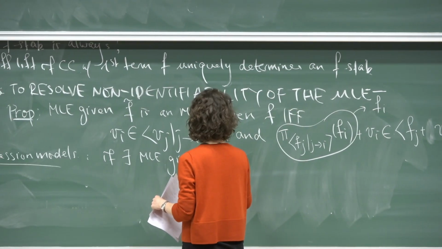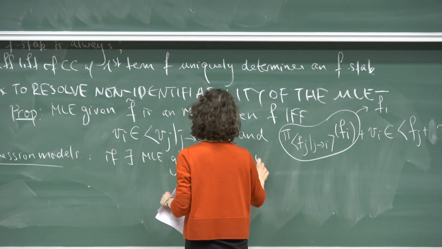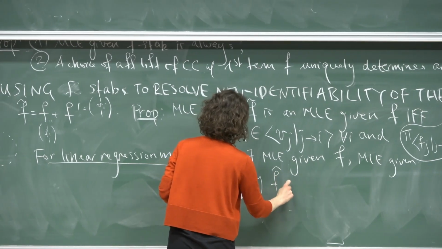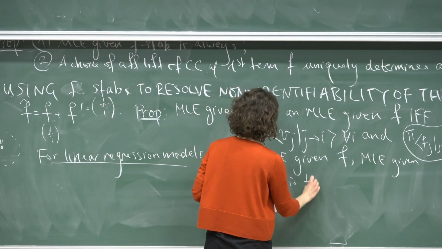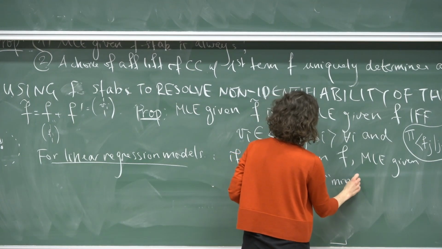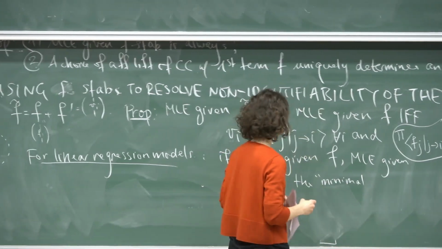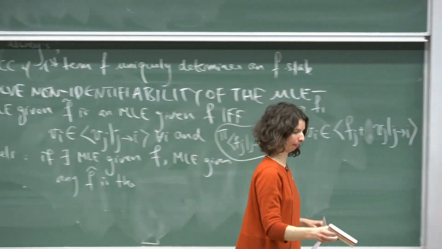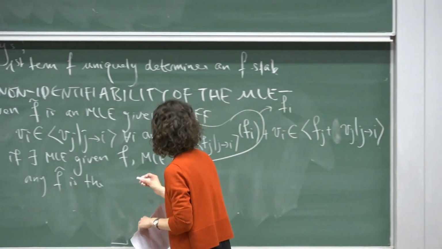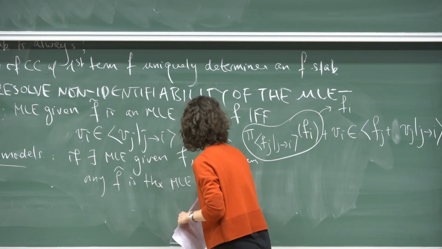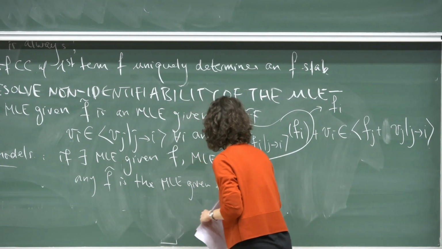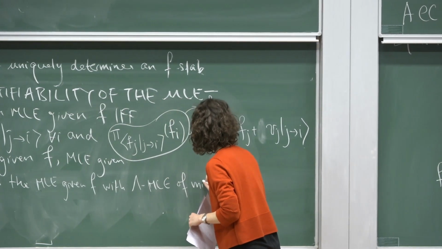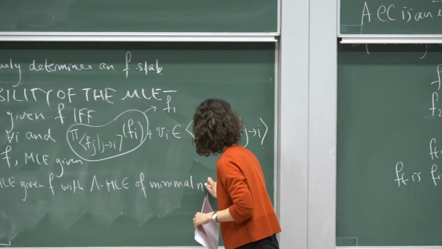So if there exists an MLE given f, then the MLE given any f tilde is the so-called minimal norm. Actually, to be really correct, it's the MLE given f with lambda MLE of minimal norm.